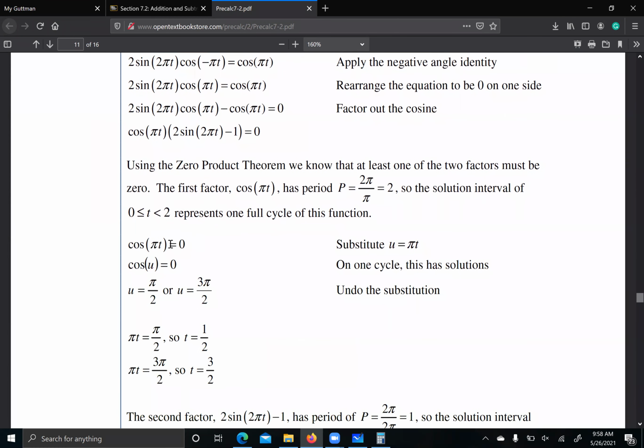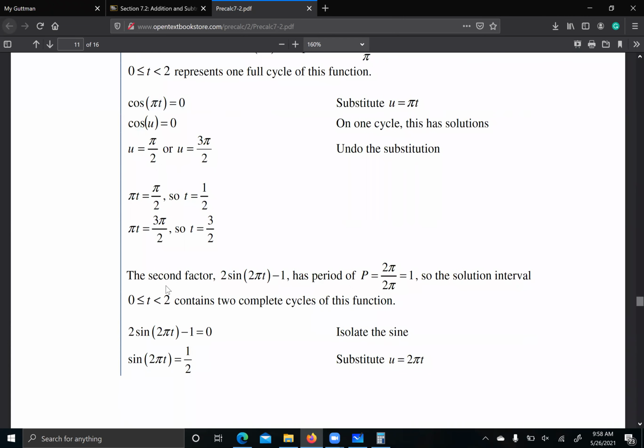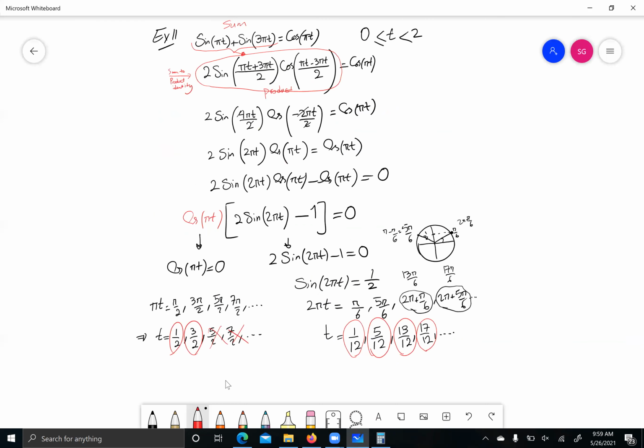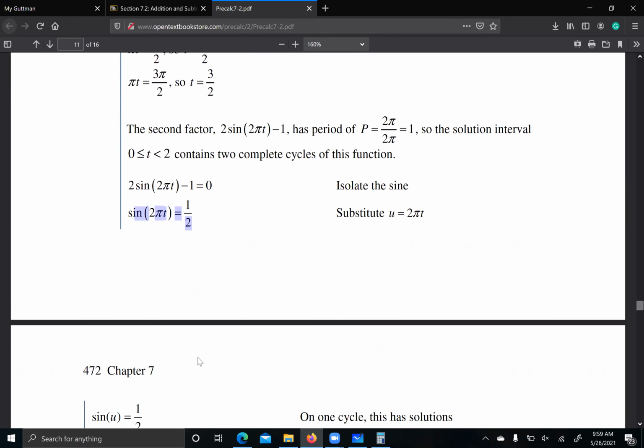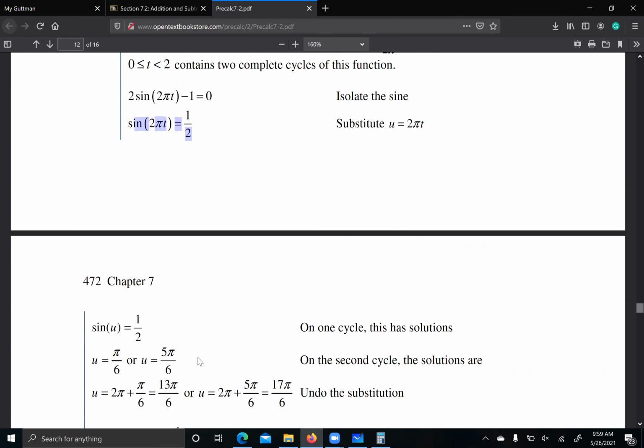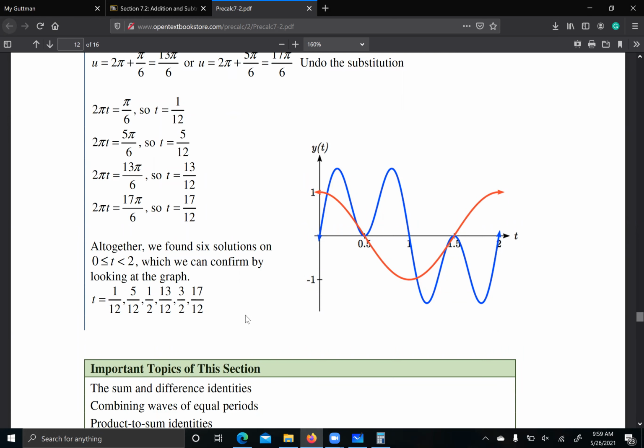So when we get cosine of pi t, we end up with the t values half and 3 over 2, which is the same as what we got here. We accepted the half, we accepted 3 over 2, and from the other factor, where sine of 2 pi t is half, we get the t values such as 1 over 12, 5 over 12, and so on.